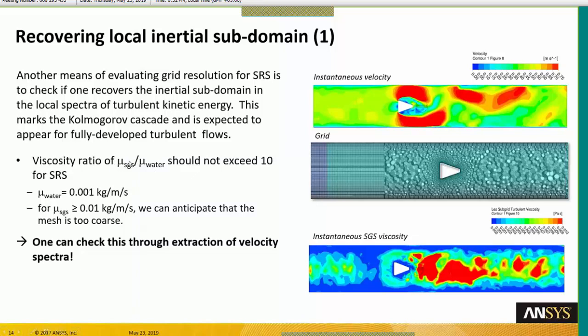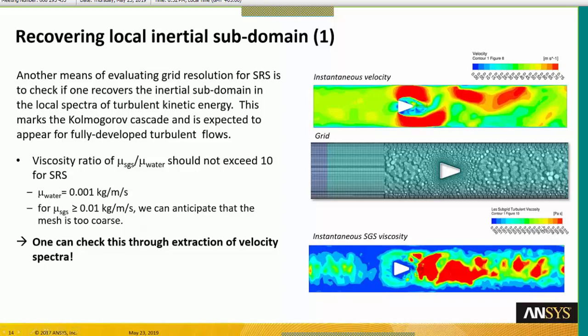So you compare the value of the eddy viscosity for the SGS contribution to the dynamic viscosity of your fluid. And this ratio, usually for a good LES portion, should not exceed 10. So it's usually a good value.